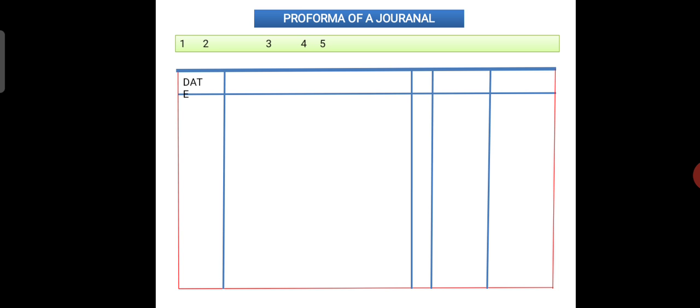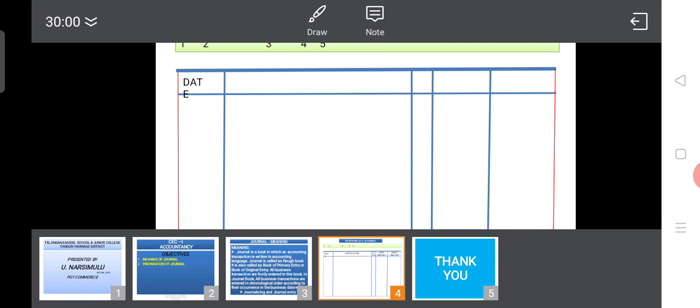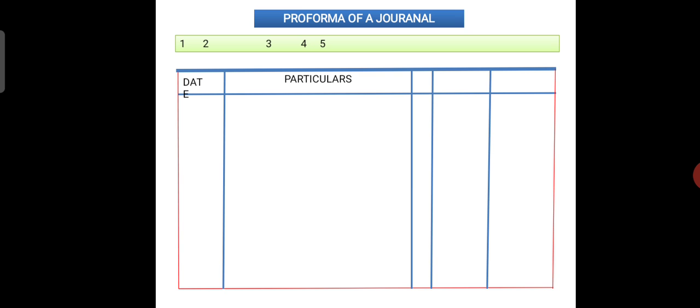In the first column we write date. In the second column we write particulars. In the third column, LF number, ledger folio number. In the fourth column, debit amount. In the fifth column, credit amount.